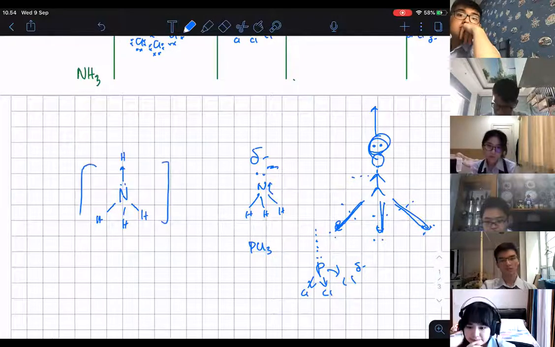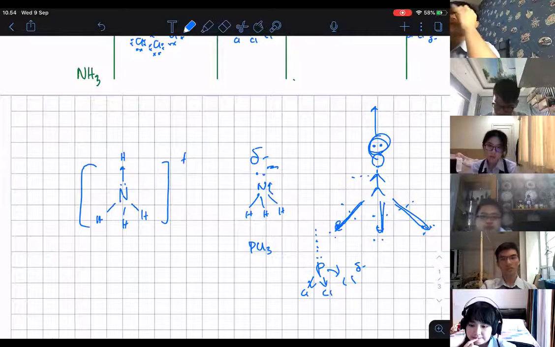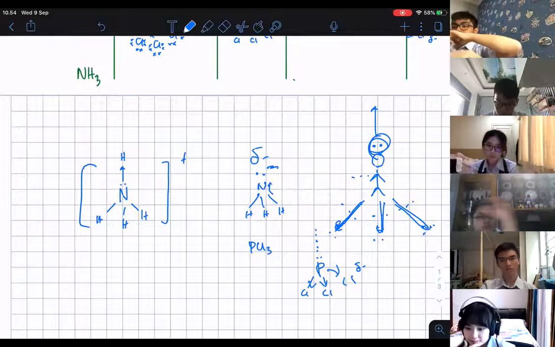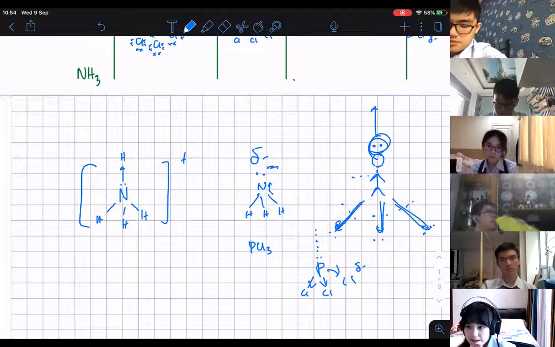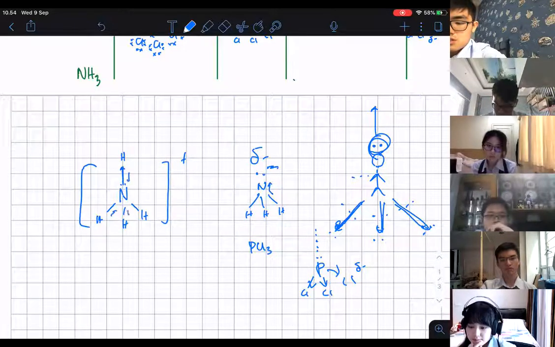This one is ammonia. When it comes to the ammonium ion, can I say it is polar or non-polar? In this case they are going to cancel with each other, so you can say it's going to be non-polar.